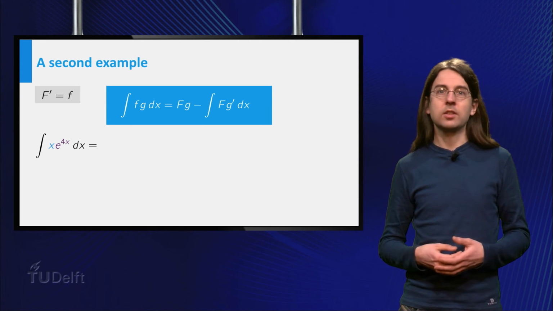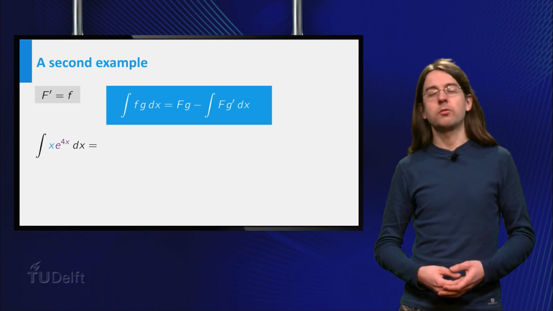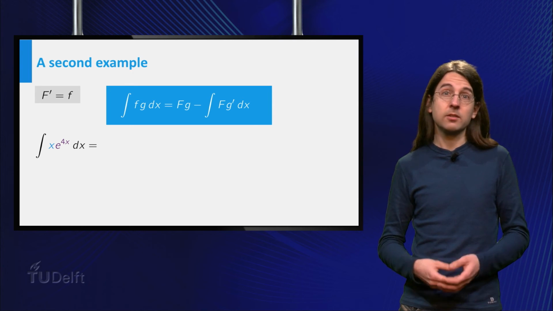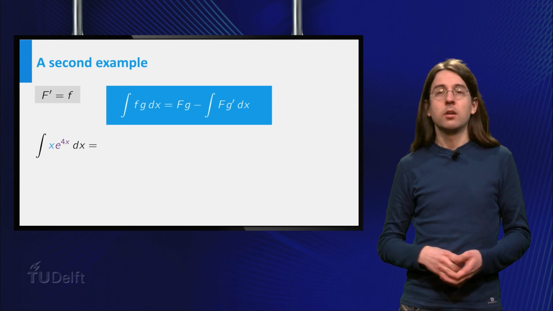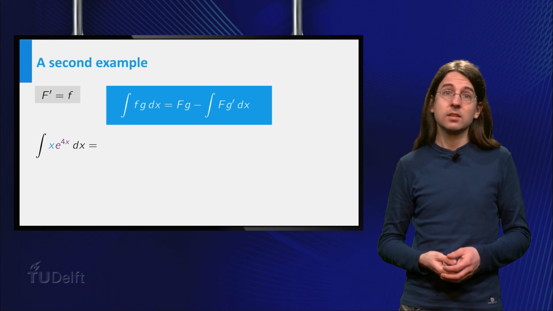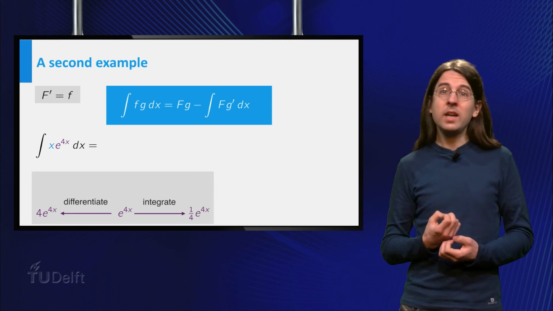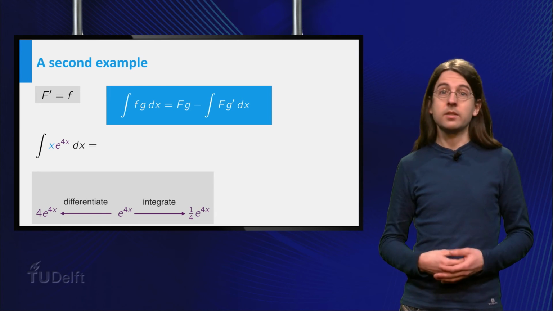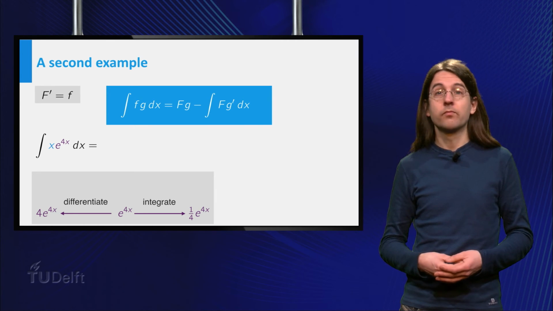Let us now consider the example x times e to the power 4x. We want to calculate the integral of x times e to the power 4x, and it seems obvious to split the integrand as x times e to the 4x. Which of these two functions shall we integrate and which shall we differentiate? For e to the 4x, it does not matter if we integrate or differentiate, as the function will be just multiplied by a constant either way.